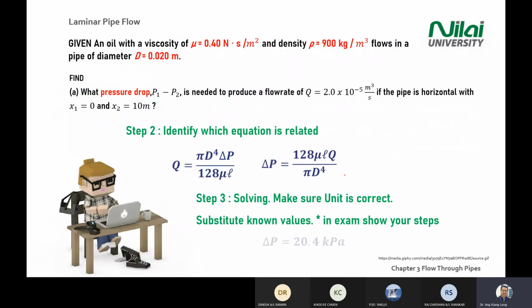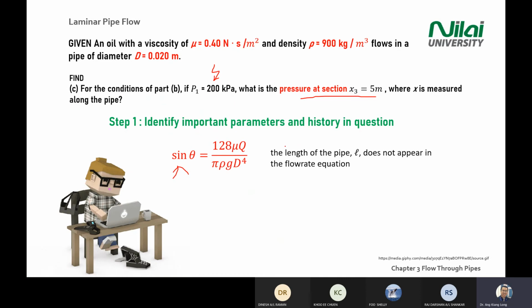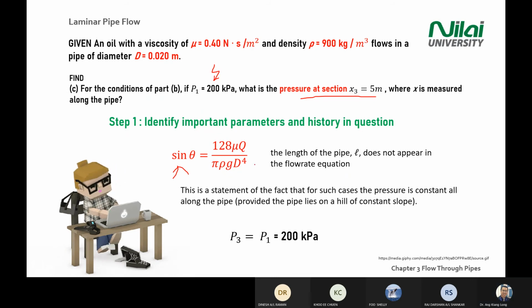So by having this concept, or you look at the equation that you derive from step number 2 or B, sine theta equal to this one. Inside here, there's no length there because you no need the length. So it just means that the pressure doesn't change.